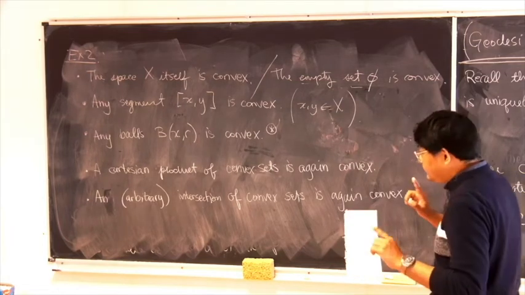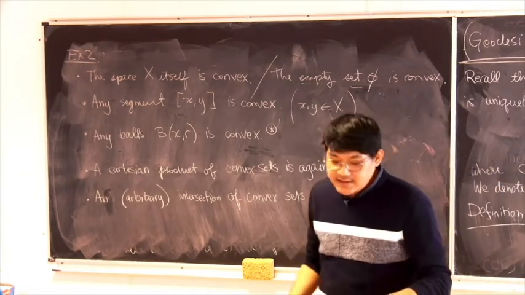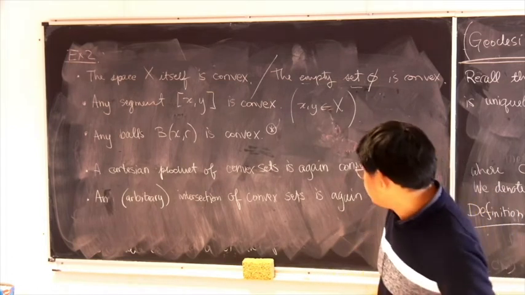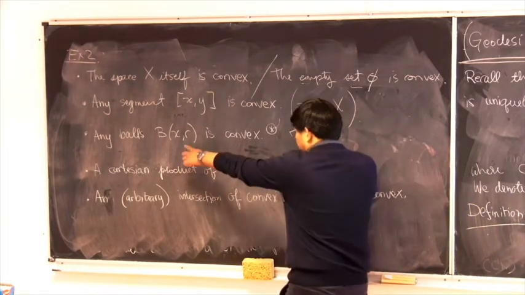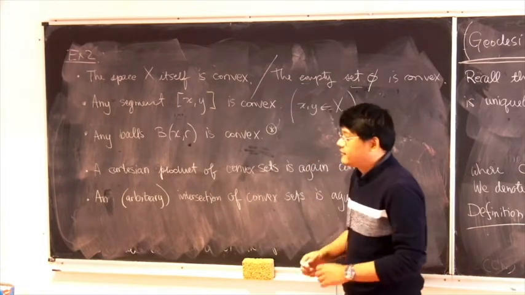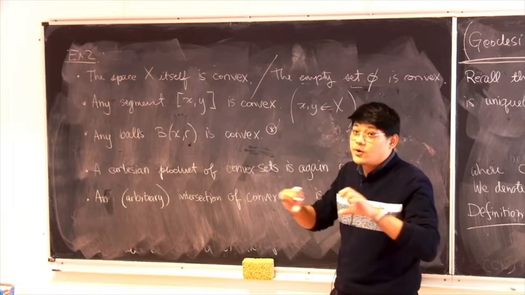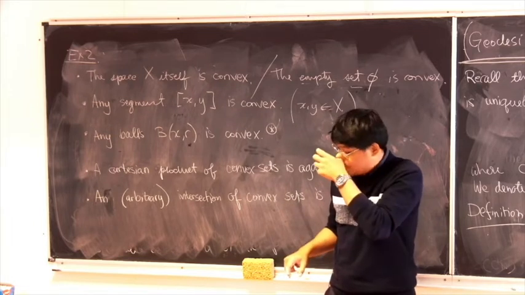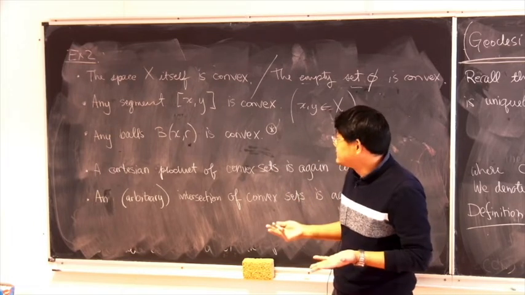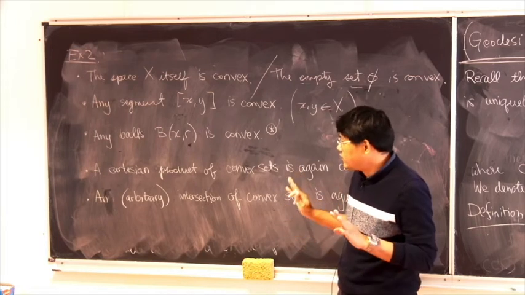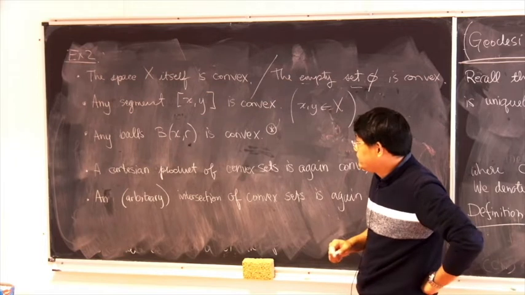And you may be able to guess that to show the convexity of this ball, actually we have to use the inequality that I showed you. So if kappa is less than or equal to 0, then there is no additional condition.